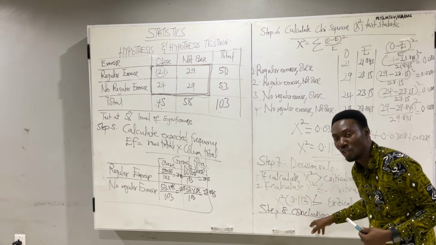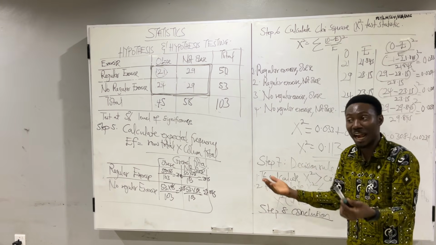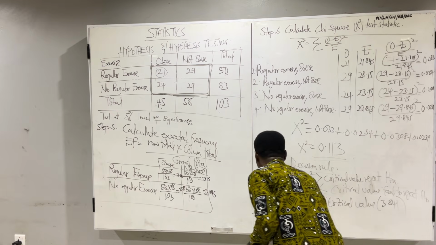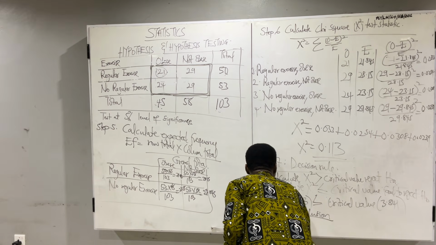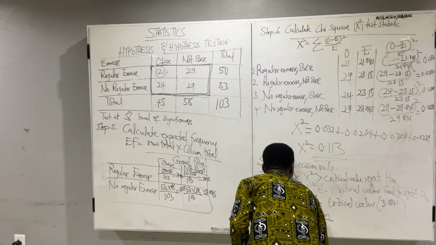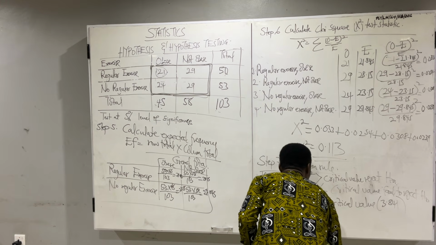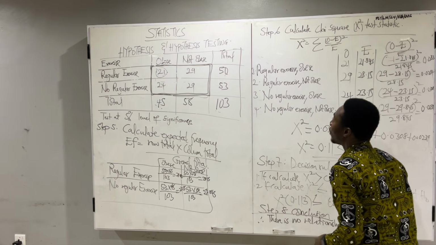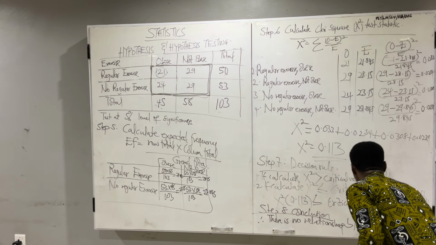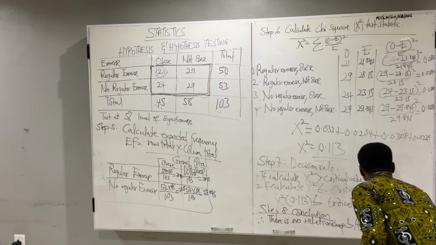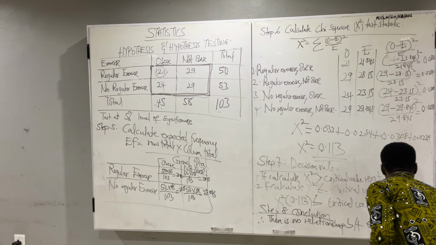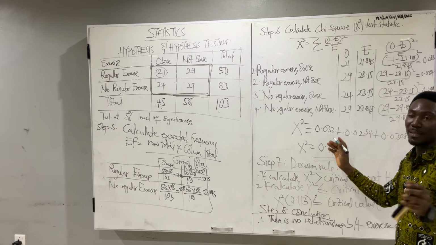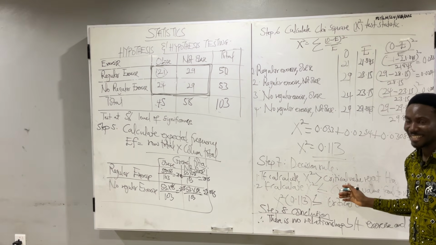The null hypothesis we wrote: therefore, there is no relationship between exercise and obesity. Simple as that. You are done. Is that okay?